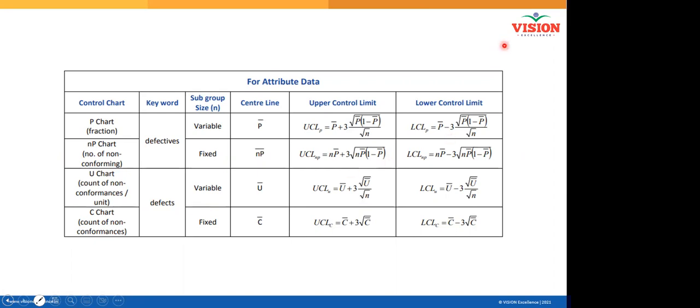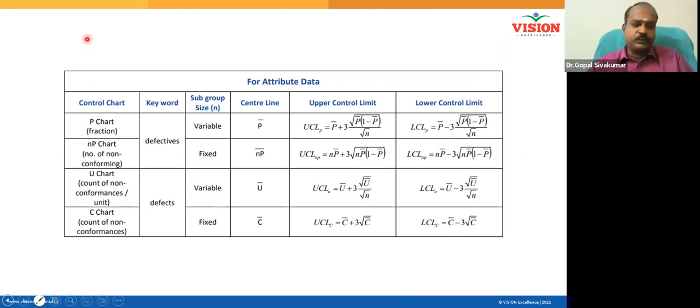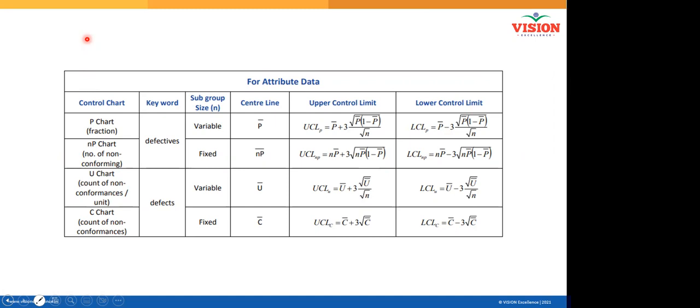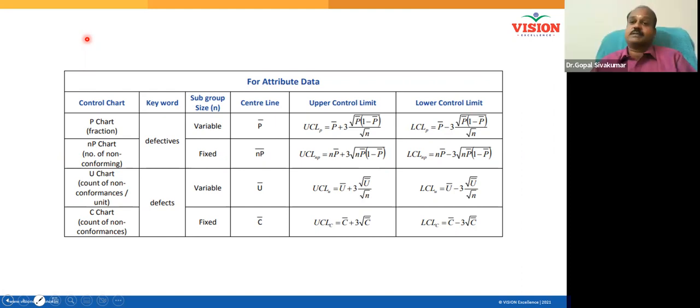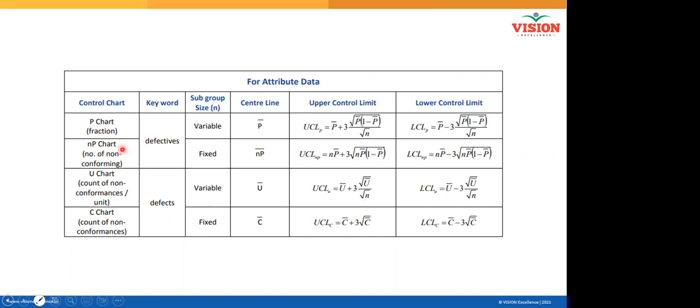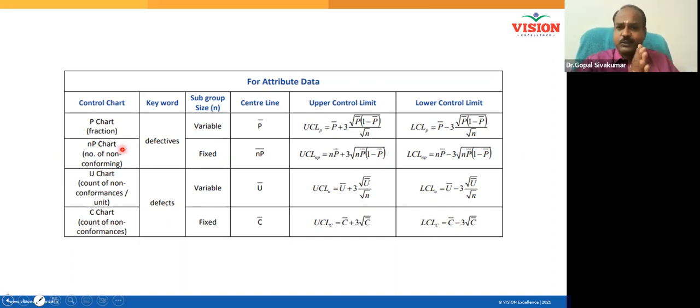Now, sir, as the head of operation, what is painful to you? Defective products are painful, or number of defects is painful to you? Defective products. And now you need to plot P chart or NP chart. Suppose defectives are not at all happening. Absolutely, there are no defective items. Now you are an operation head. What is your focus point?